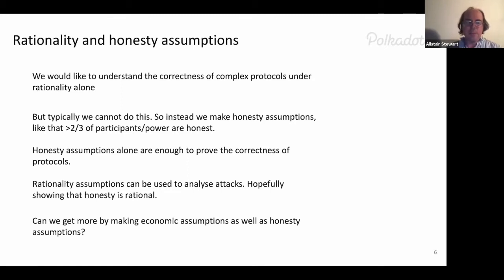For rationality, we can't really do this, but we can try and analyze attacks. So we analyze things like selfish mining in Bitcoin by coming up with games, with the aim of showing that honesty is rational. And it's a bit of an open question whether we can get more in the way of security. So we have to make honesty assumptions. Can we get more if we make economic assumptions as well? That's part of what we need to ask.